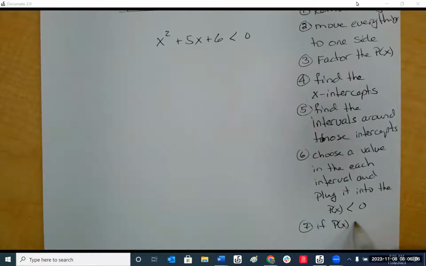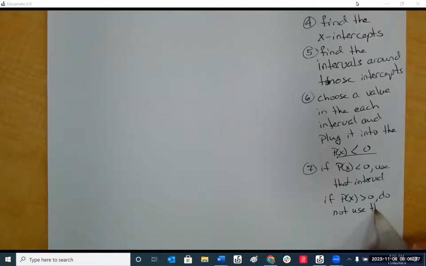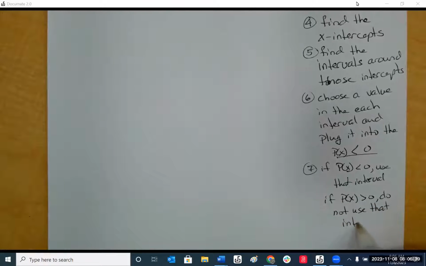If p of x is less than 0, because if the value you put in there makes the equation less than 0, then use that interval. If the value you put in there is greater than 0, do not use that interval. And that's pretty much all there is.